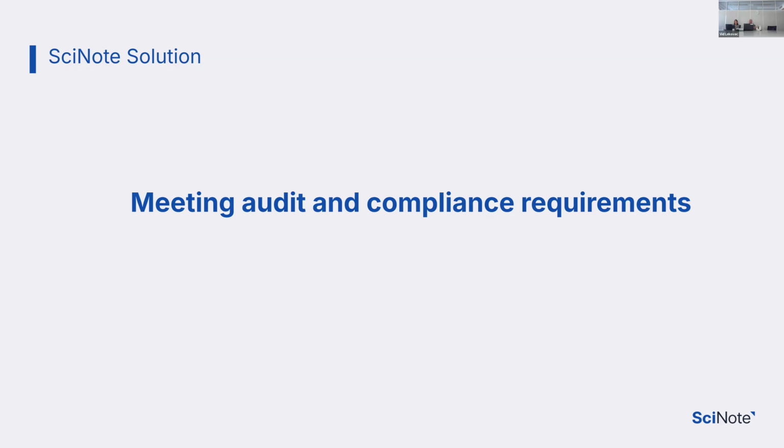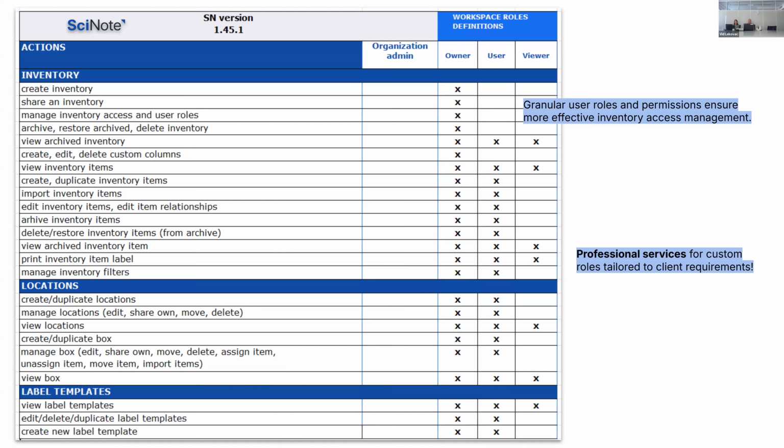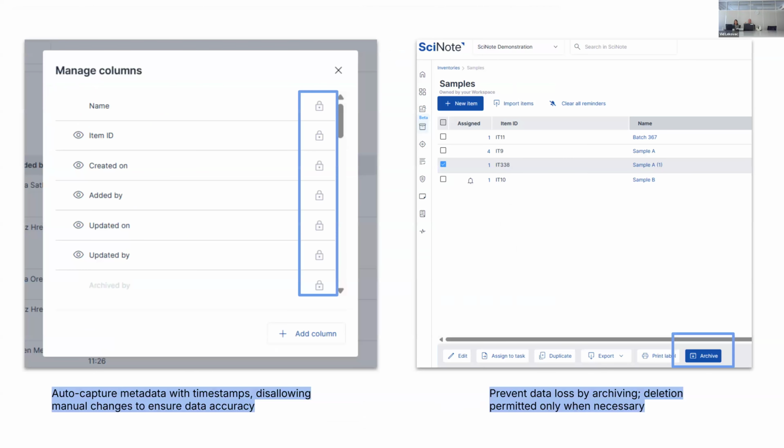So first one, and I talked about this a lot today: permissions. You can set up very strict permissions, and this way you can make sure that people are not editing what they're not supposed to be editing. We can create custom roles if needed. So if you want a role that's specifically for somebody, you can create that as well. It's not out of the box. Also, all of the information, the metadata, is being timestamped.